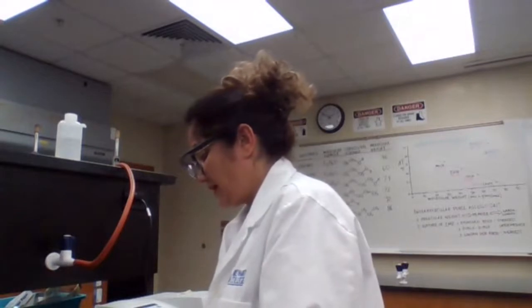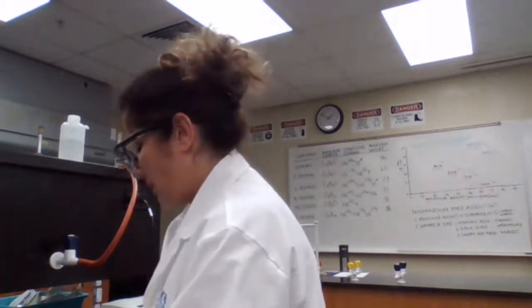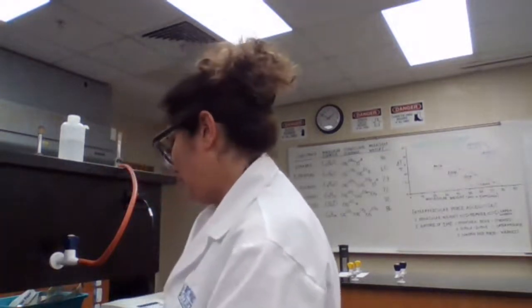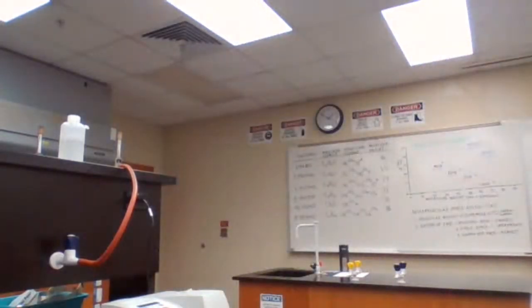Okay, so we are going to set up. Do not add the KSCN yet. Everything needs to be added to each flask using the table, and for A, the blank, the only item that we are not going to add is the KSCN.